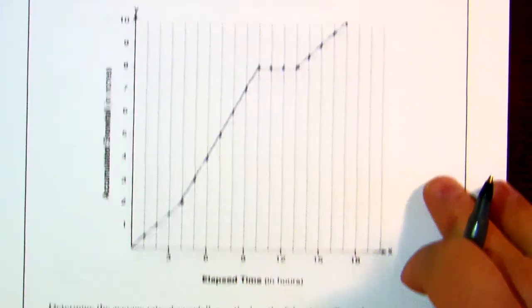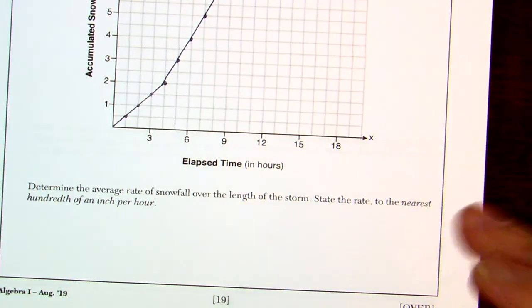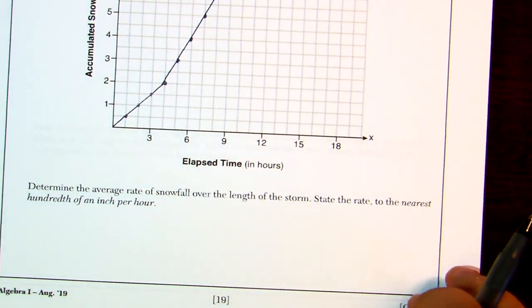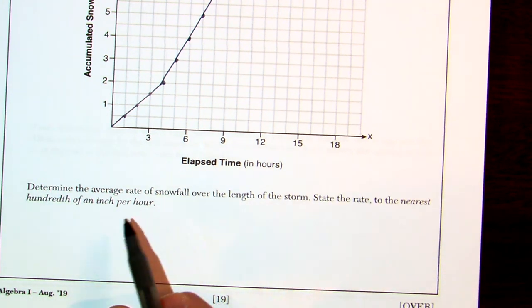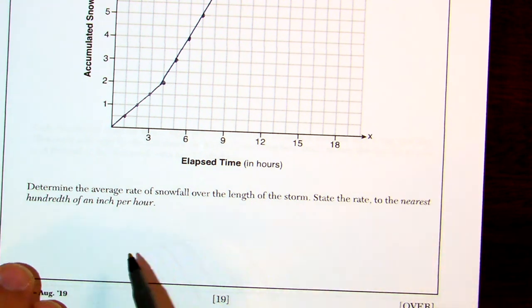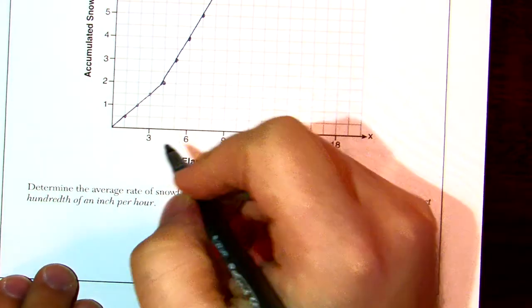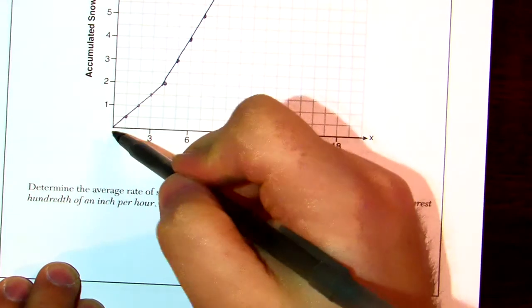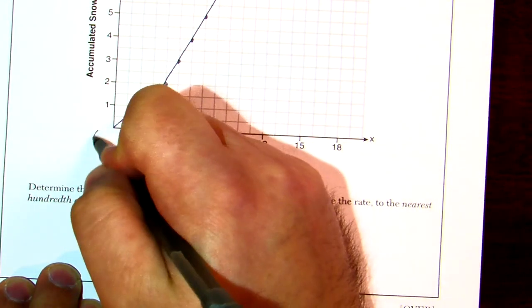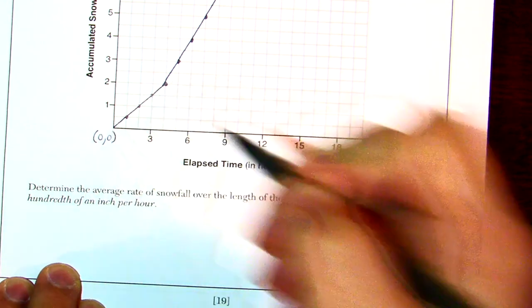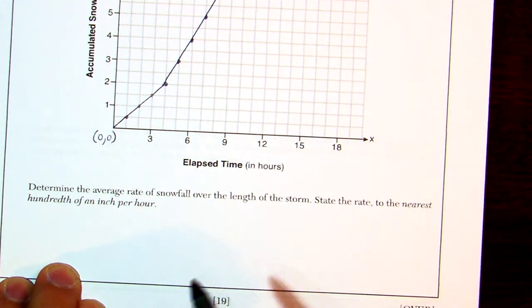And then it says determine the average rate of snowfall over the length of the storm. State the rate to the nearest hundredth of an inch per hour. So that's basically from when it started to when it ended. Okay, so it started at 0, 0. 0 inches on the ground at 0 time.